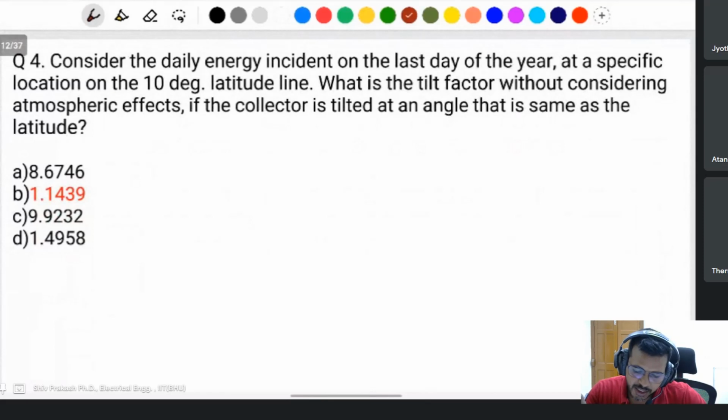Consider the daily energy incident on the last day of the year at a specific location on the 10-degree latitude line. What is the tilt factor without considering atmospheric effect, if the collector is tilted at an angle that is the same as the latitude angle?